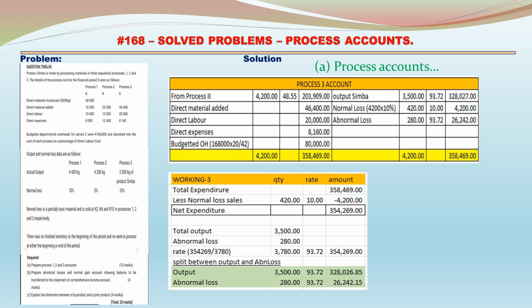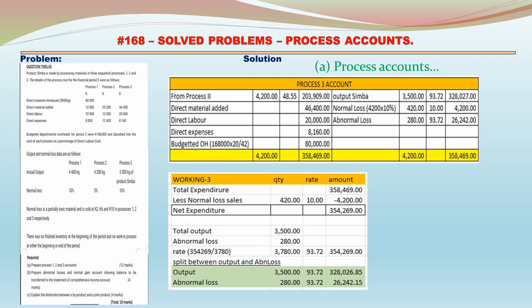So let us work out the cost rate per output Simba and abnormal loss as below. Total expenditure 358,469 less normal loss sales 420 into 10, 4,200. Net expenditure 354,269. Total output 3,500, abnormal loss 280.